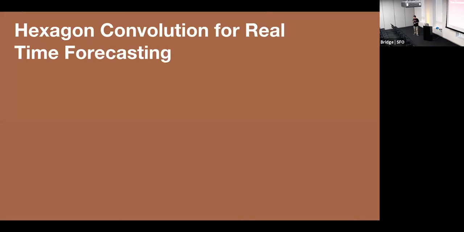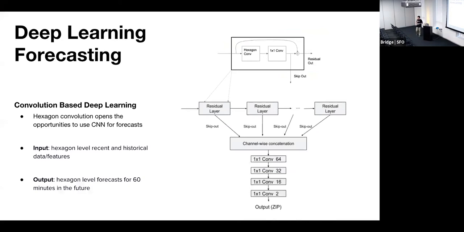So I talked about how we can do data smoothing using Hexagon convolution, but actually Hexagon convolution is more than that, because it is such a fundamental component. Think about deep learning: the convolutional neural network has been a foundational component for many deep learning network structures. It's similar for our forecasting problem.